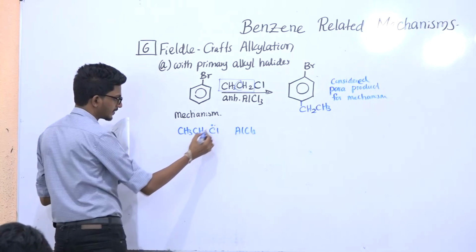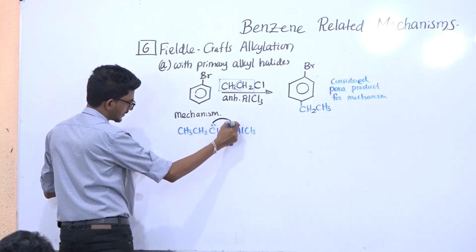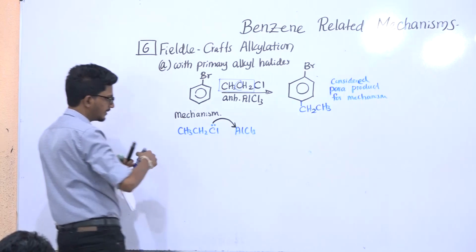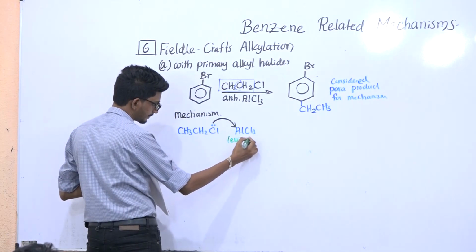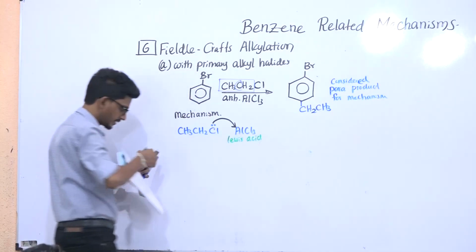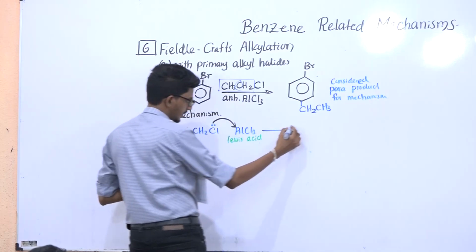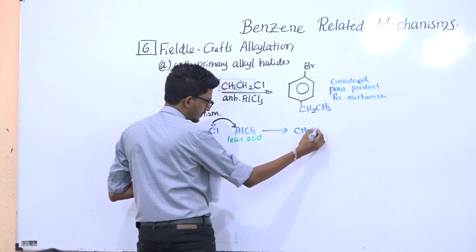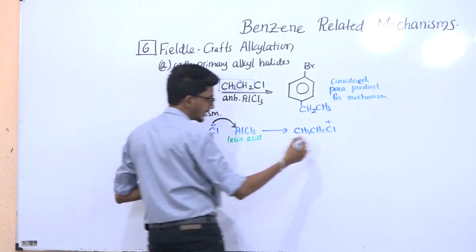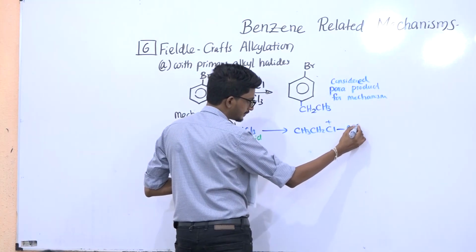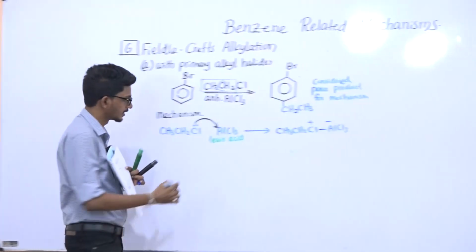One of the lone pairs there will be given to the AlCl3, which is now acting as a Lewis acid accepting the lone pair, right? So that will bring you this. CH2Cl becomes positive as it's a dative bond donor. Al gets negative, right? So this is the active electrophile.